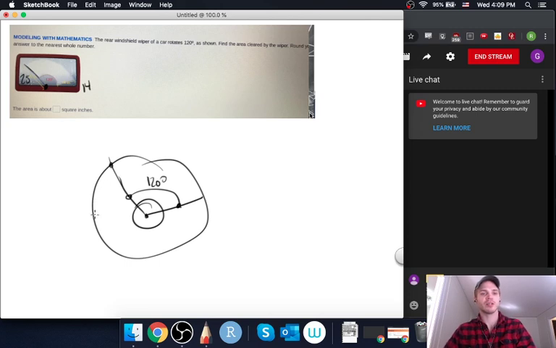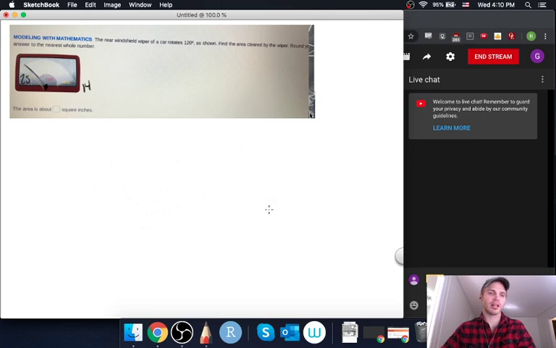So what we need to do is find this fraction of a circle, which is 120 degrees over the total, 360 degrees, the total circle. And this is 1 over 3. So I need 1/3 of the outer circle, which has radius 25, minus 1/3 of the inner circle, which is 14. So it's very similar to the last problem. If you didn't see the last problem, check it out.